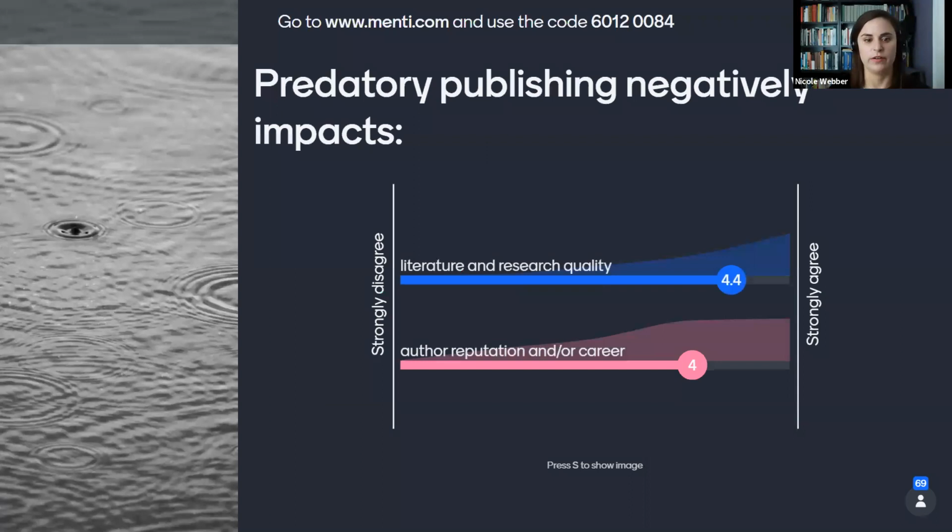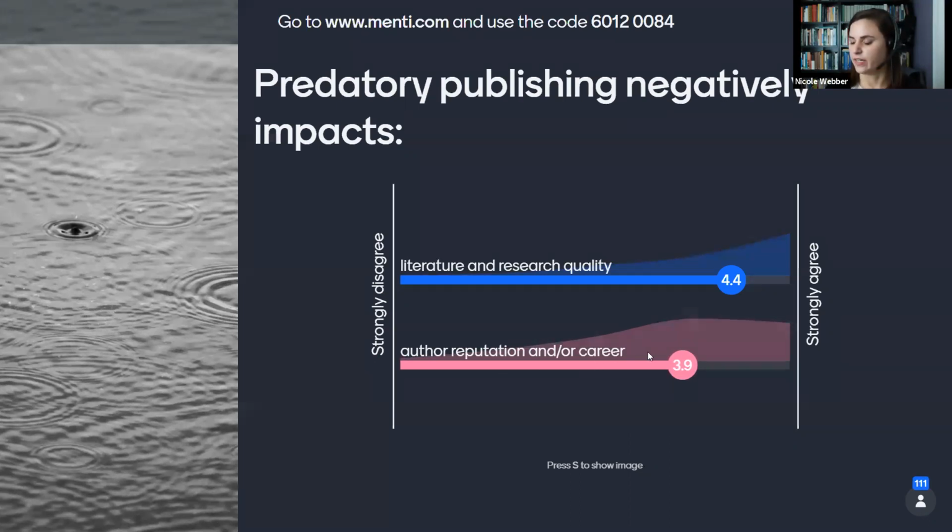has 2 parts. So do you feel predatory publishing negatively impacts literature and research quality? So strongly agree or strongly disagree. And then do you agree or disagree predatory publishing negatively impacts author reputation and or career? And this one I think will adjust while you answer.